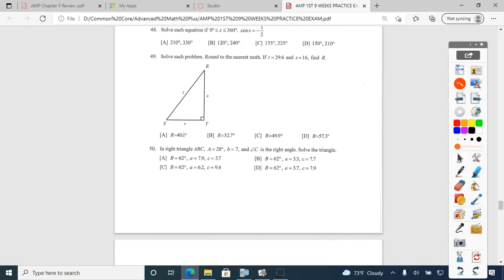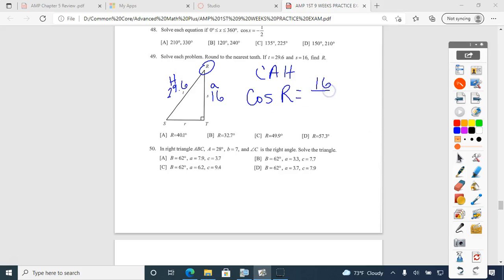49, we're finding angle R. They give us little t is 29.6, and S is 16. That is the adjacent and the hypotenuse. So cosine is adjacent over hypotenuse. So cosine of R equals adjacent 16 over hypotenuse 29.6.